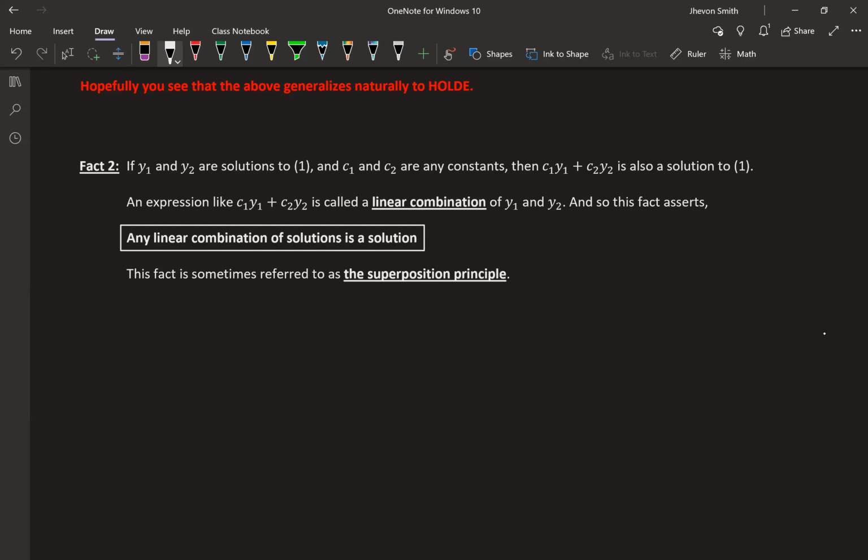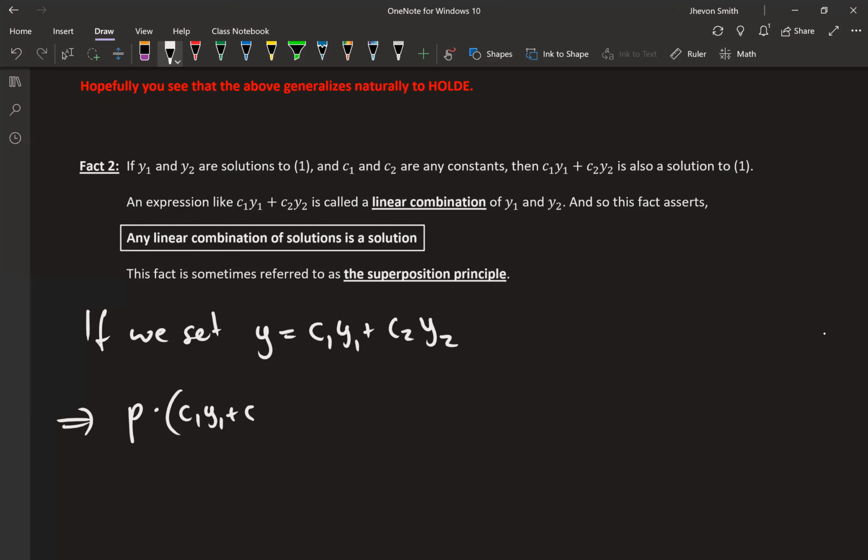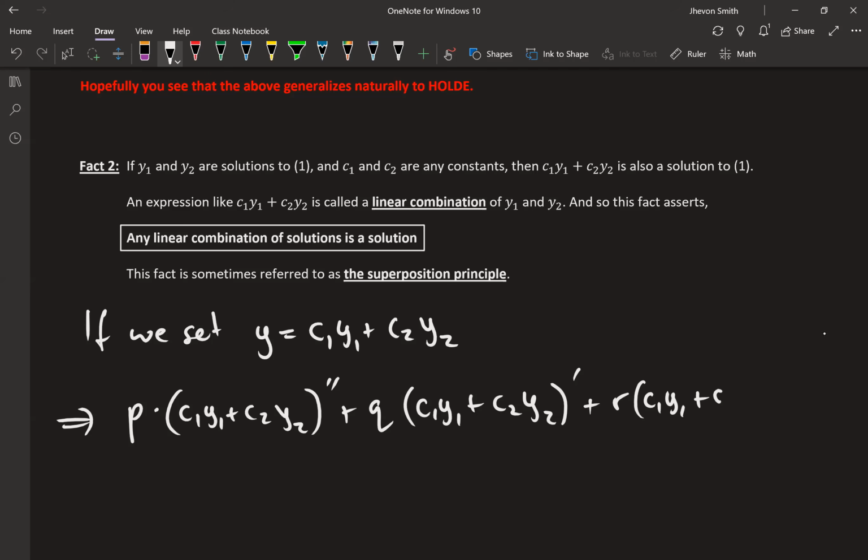And here you can see why, if we set y equals c1 y1 plus c2 y2, then our ODE would become, well, P times (c1 y1 plus c2 y2) double prime plus Q times (c1 y1 plus c2 y2) prime plus R times (c1 y1 plus c2 y2).